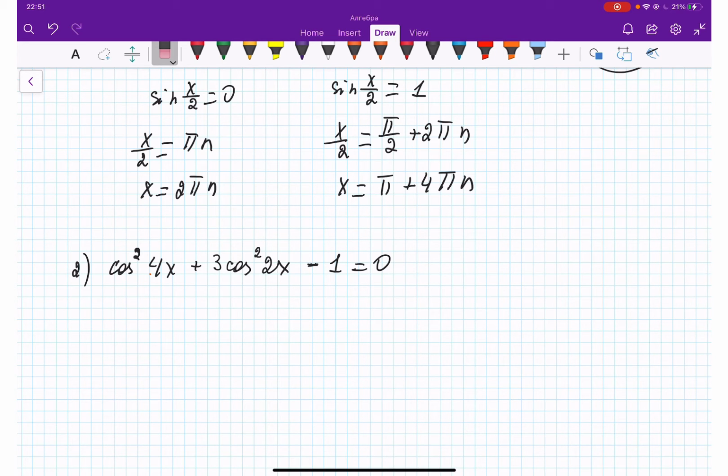Okay, and what formula am I going to use? 1 plus cosine alpha is equal to 2 cosine squared alpha half. Okay, so what do we get from here?